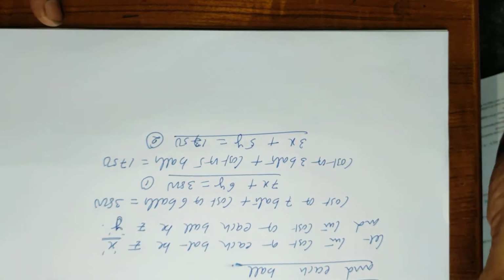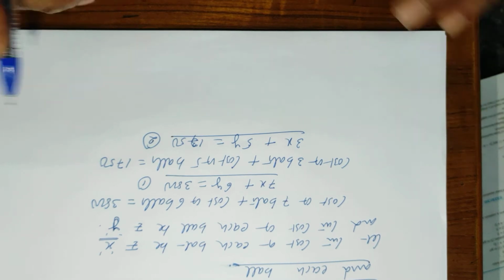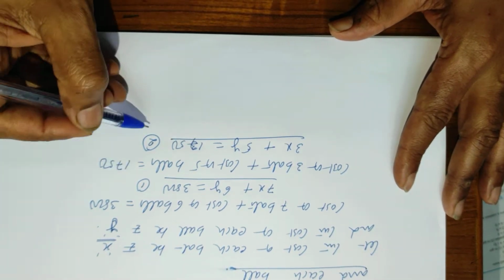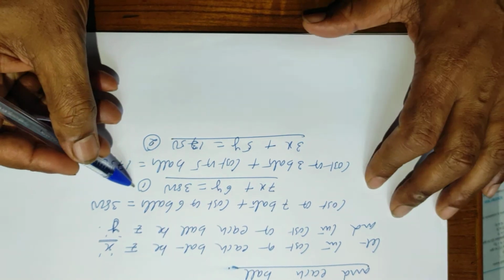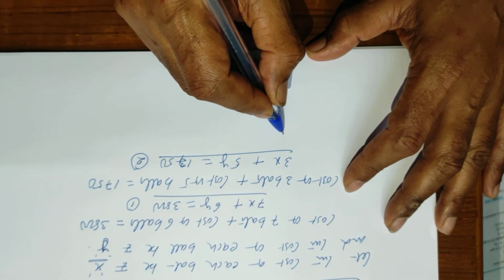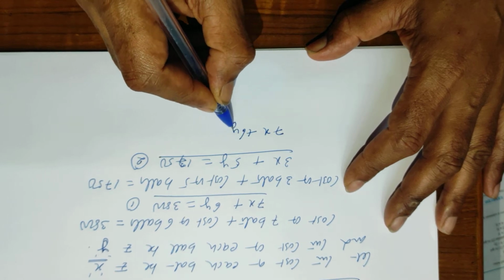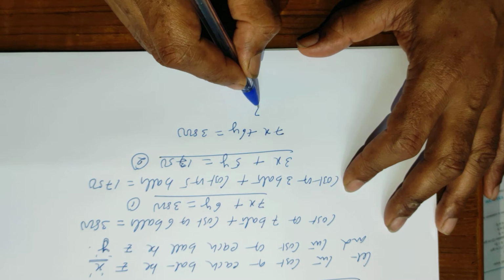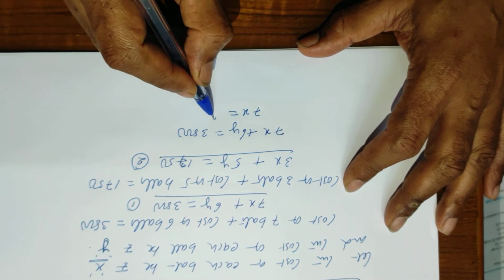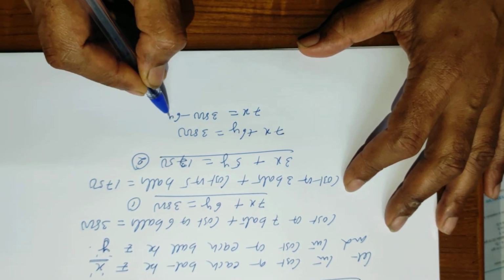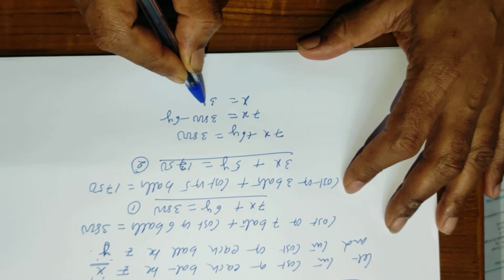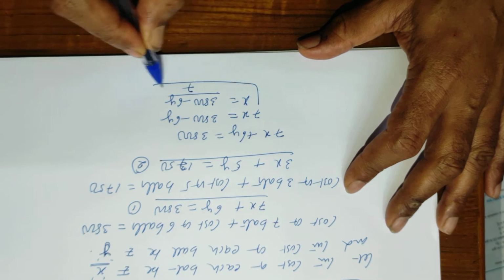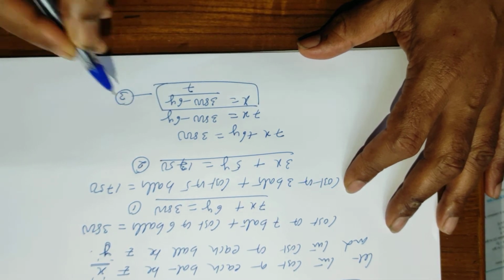First, you have to express the value of one variable in terms of another. Any one of these two equations can be selected. Let me take the first equation. 7x plus 6y is equal to 3800. So 7x is equal to 3800 minus 6y. x is equal to (3800 minus 6y) by 7. I call this one 3.